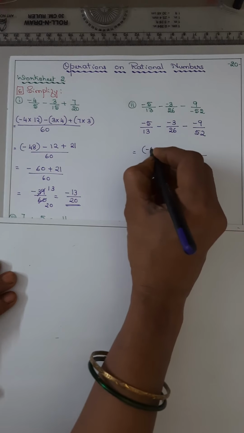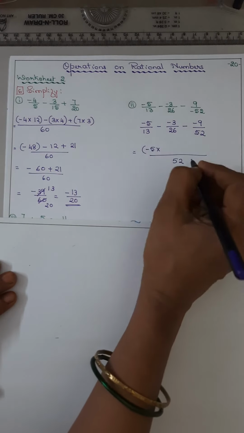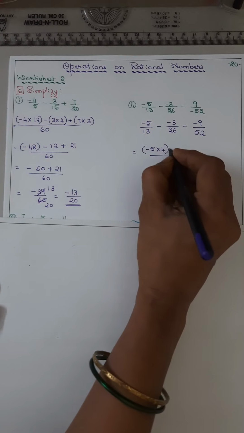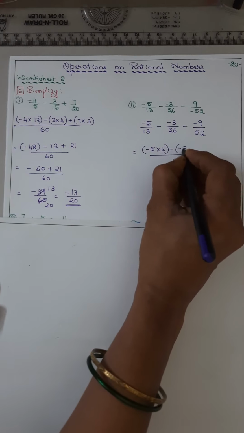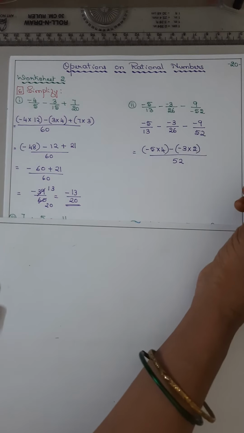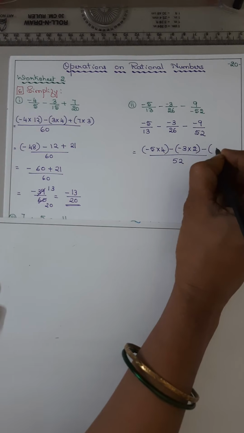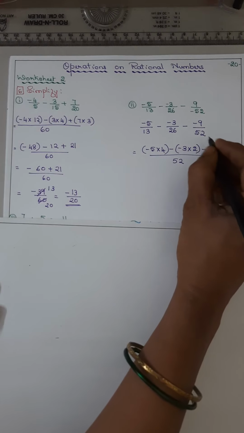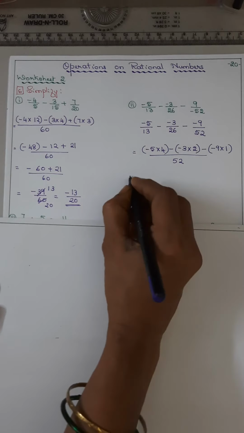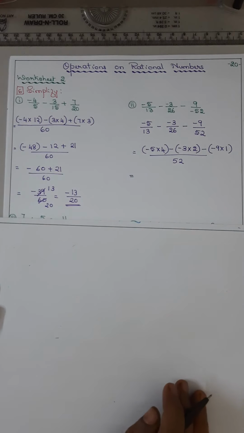तो इधर न्यूमरेटर 5 है. 13 4s are 52, so multiply by 4. Minus 3 into 26 2s are 52, so multiply by 2. Minus 9 into 52 1s are 52. Hope you are confident of this method now, isn't it?